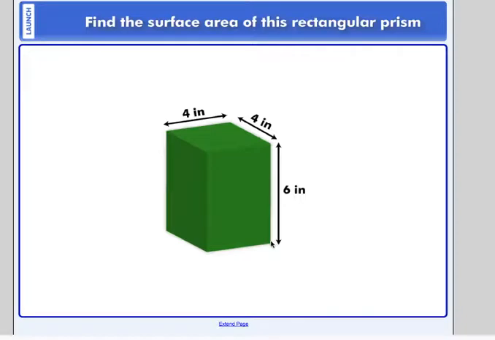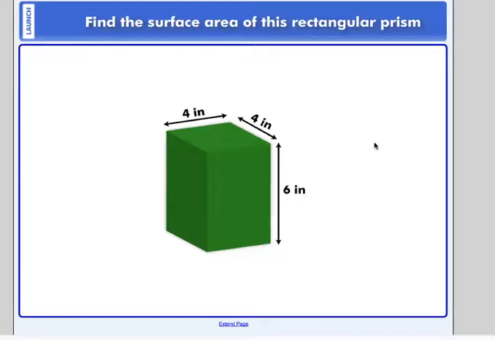My front here is 6 by 4, so the area of the front is 24, and I know the back is also going to be 24. And then my sides are also 6 by 4, so they're 24 inches as well. I've got a left side and a right side. And I just add up all of those numbers. 16 plus 16 plus 24 plus 24 plus 24 plus 24. And the total is my surface area.